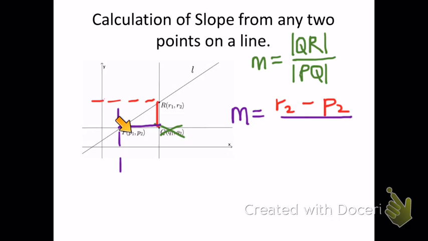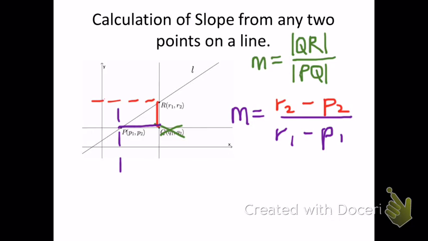So it's the difference between going from P1 up to R1, because that is the coordinate down here on the x-axis. So it's the difference between the x coordinates. So I can write that as, and the larger one here would be for this point R, R1, the x coordinate of point R, minus the x coordinate for my point P, P1.